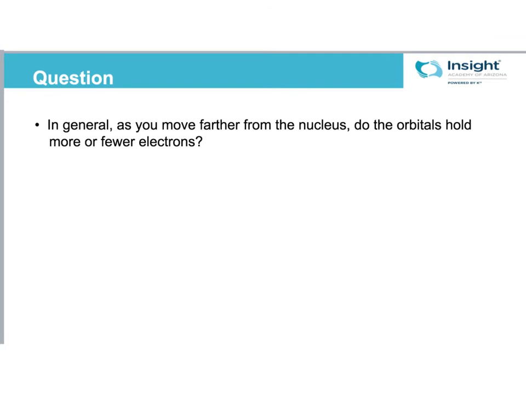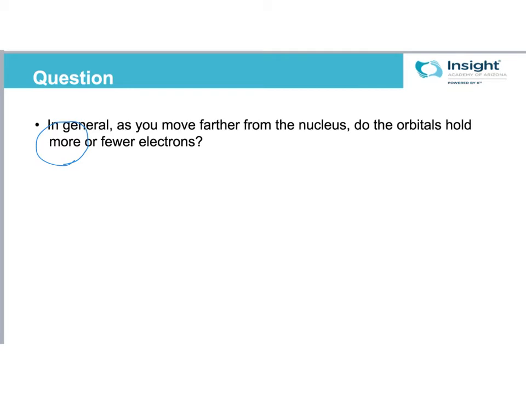Just a quick review here. In general, as you move farther from the nucleus, do the orbitals hold more or fewer electrons? You should be saying more. Can you come up with a logical reason to help you remember that?